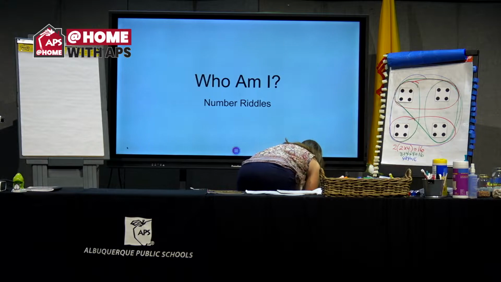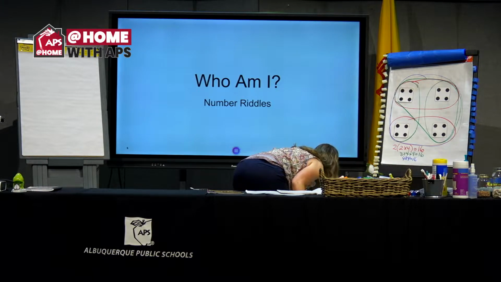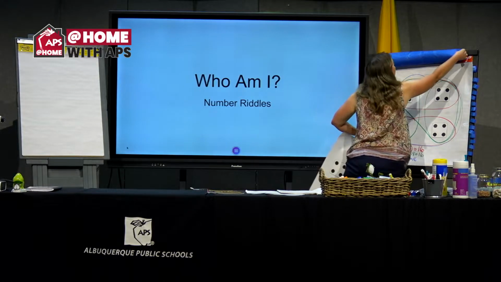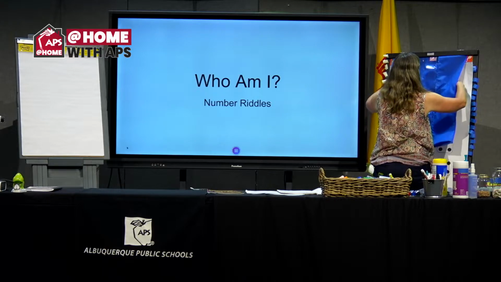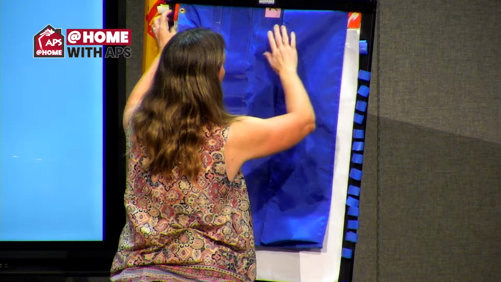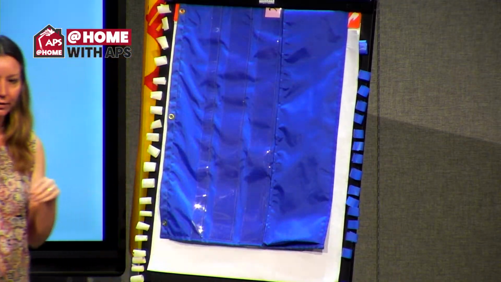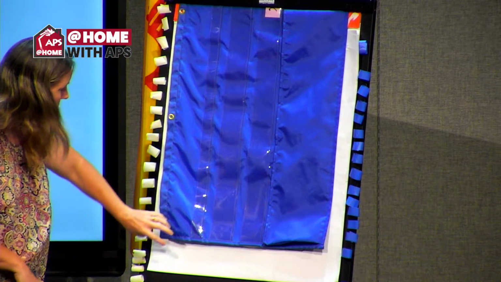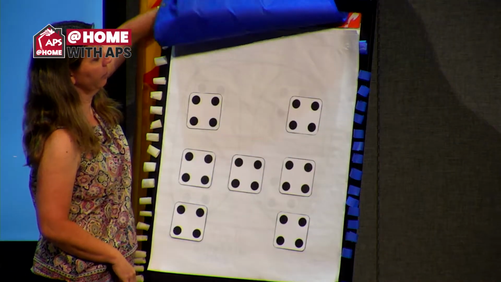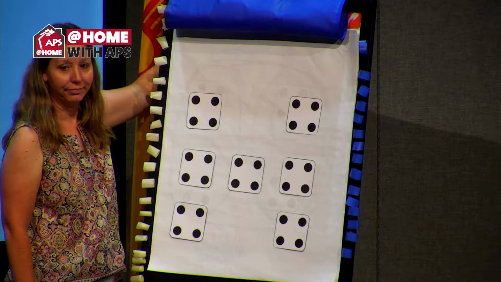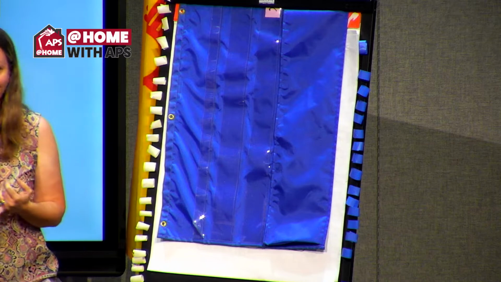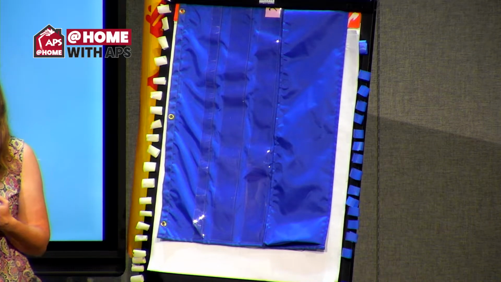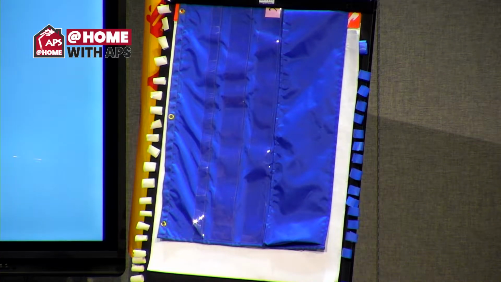So I'm going to give you another one. Again, I'm asking you to tell me how many dots do I have, and then think about the ways that you can see it. All right, so I'm going to reveal it. How many dots did you see? How did you see it?